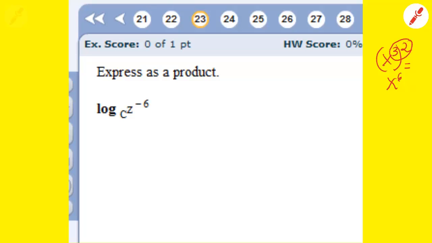So it stands to reason then that I would multiply, and how I'm going to multiply is I take this power down in front like that. So this is going to equal negative 6 times the log base c of z. These are rules you're going to have to pretty well memorize.